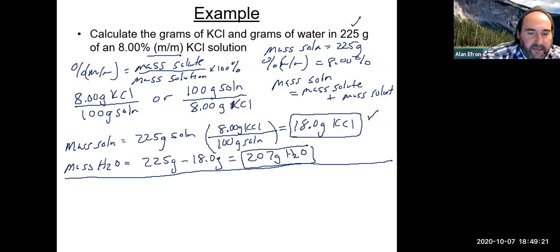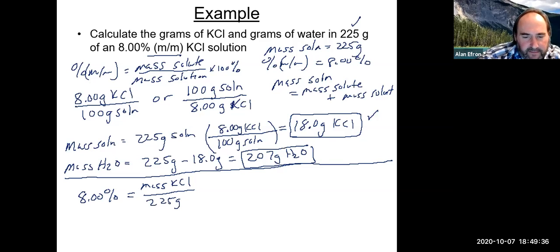So the question was, can we do it the other ways? The other way is you would put the 8% in for the percent mass equals the mass of KCl up on top, over 225 grams on the bottom, times 100%. So it'd be just plugging it into the actual formula. And to solve this, you do basically the same math. You need to multiply the 225 to the other side.